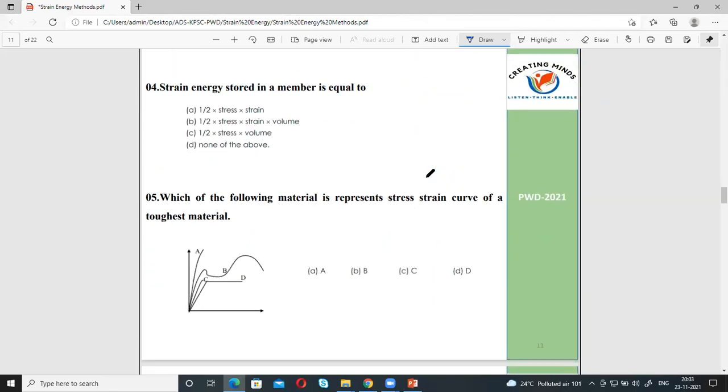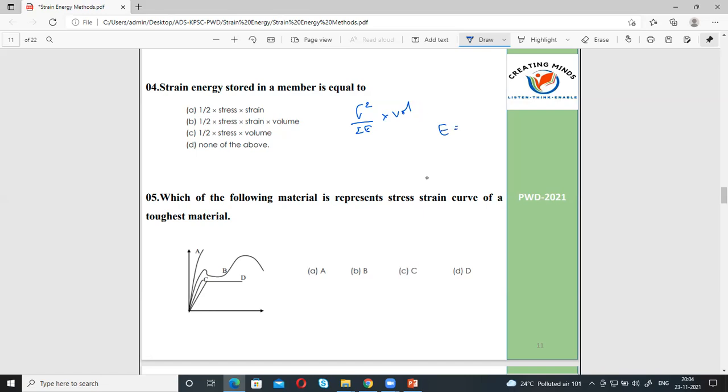What is the strain energy stored in the member equal to? Option B: half into stress into strain into volume. How did we get it? We know the equation is sigma square by 2E into volume. What is E?